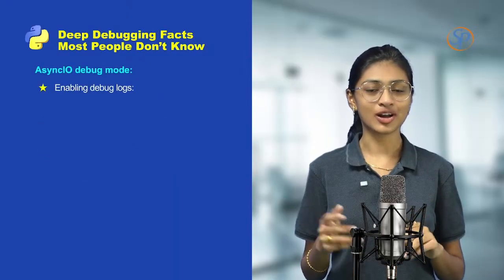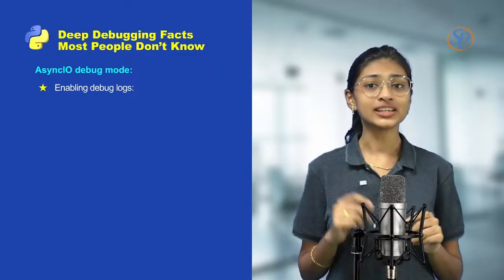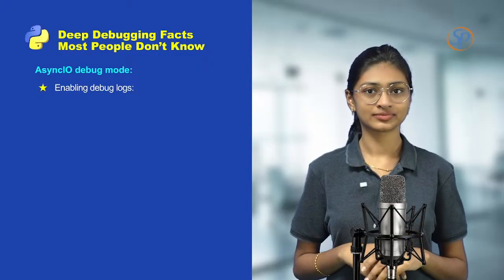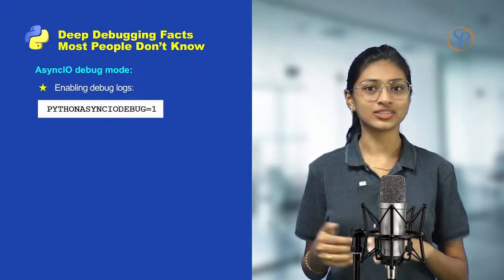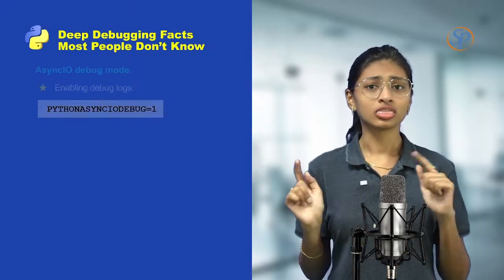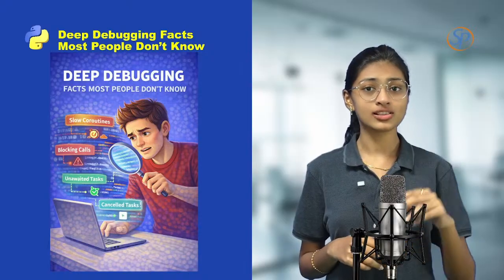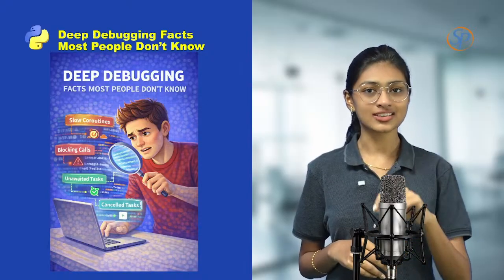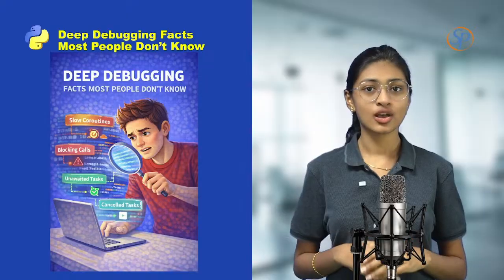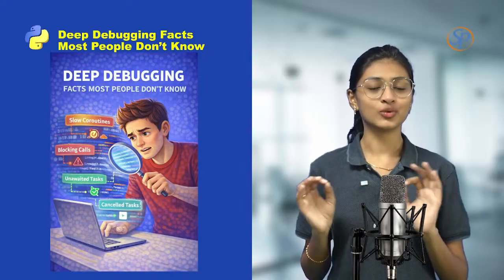Asyncio debug mode enables debug logs: PYTHONASYNCIODEBUG=1. This reveals slow coroutines, blocking calls, unawaited tasks, and canceled tasks. Very useful for real-world debugging.